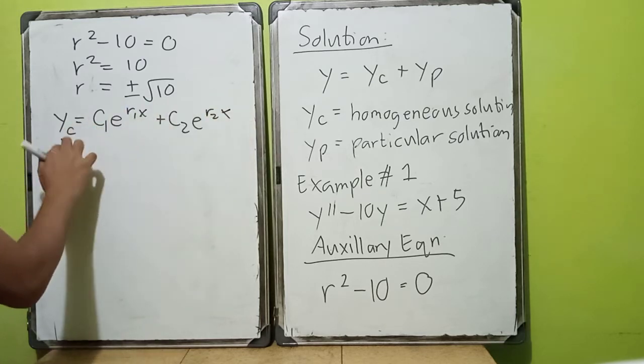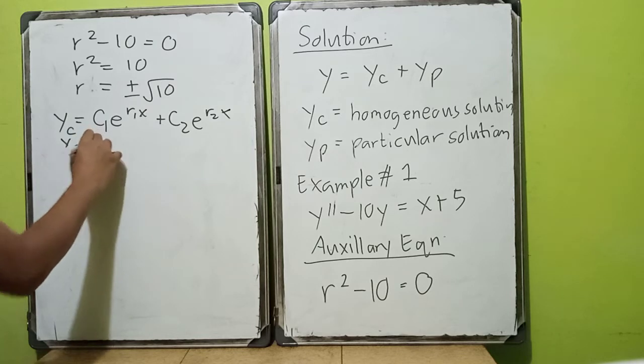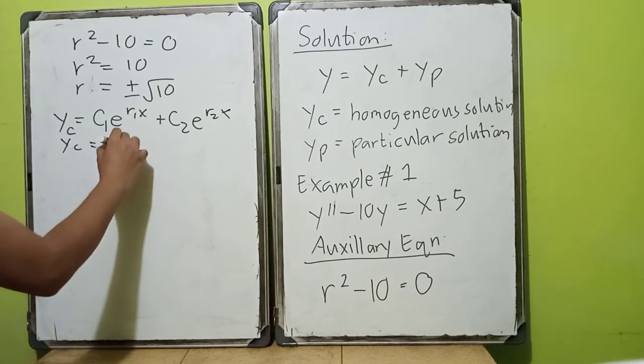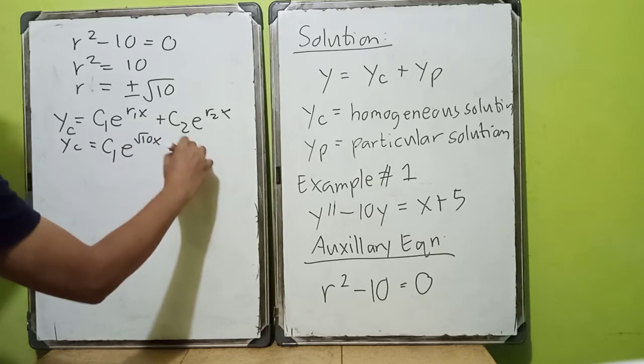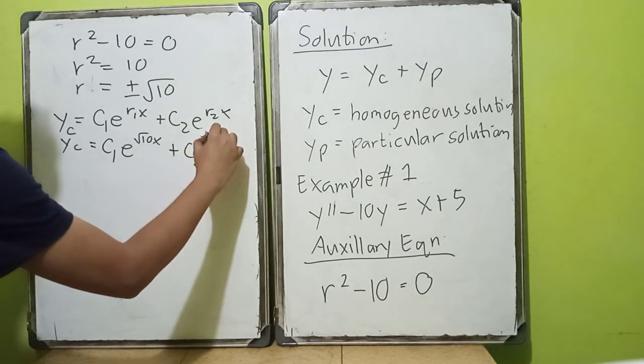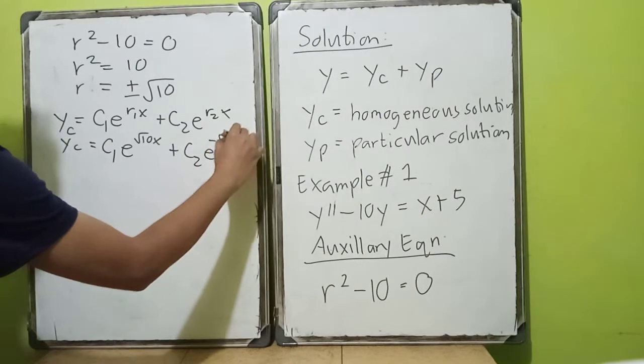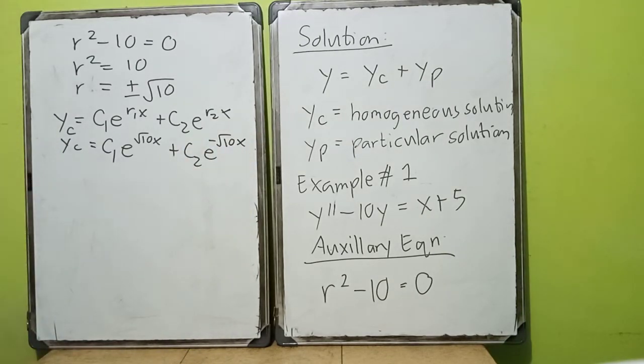So, your yc is equal to c sub 1 e to the square root of 10x plus c sub 2 e to the negative square root of 10x.